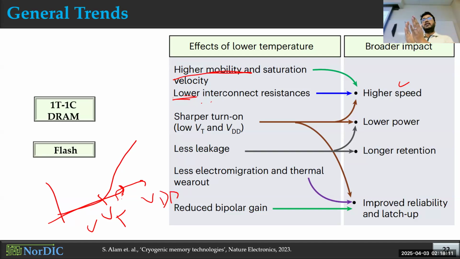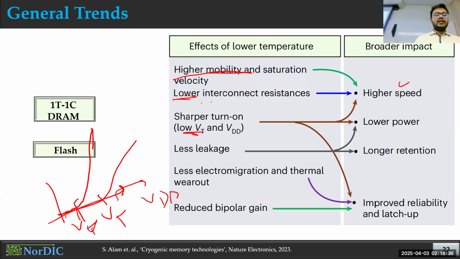You want to have both the off condition and the on condition. So this threshold voltage actually dictates the choice of VDD in your circuit. Now, when people take these transistors to a cryogenic environment, they see that this threshold voltage actually decreases. So you have an ID-VGS curve like this, and the threshold voltage becomes lower.